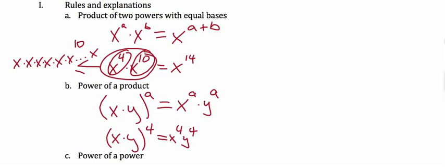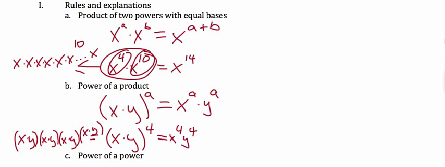Again, let's just think about why this makes a whole lot of sense. X times y to the fourth means x times y times x times y times x times y, 4 times. If we were to reorder that multiplication, which we're allowed to do because that's all multiplication, we could use commutative and associative properties to move those parentheses around.